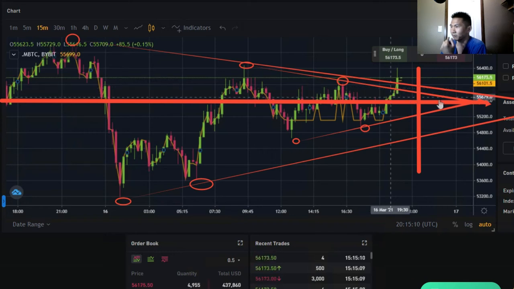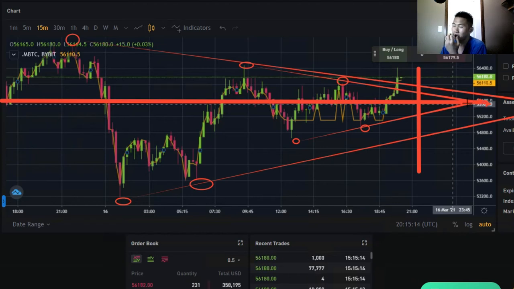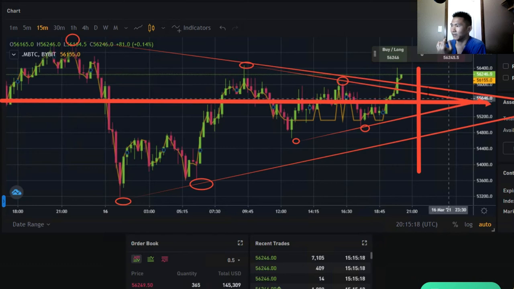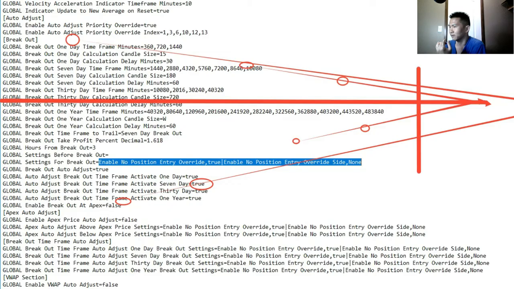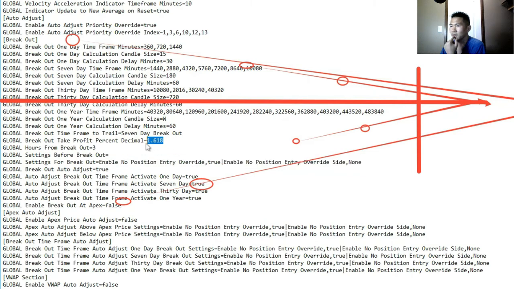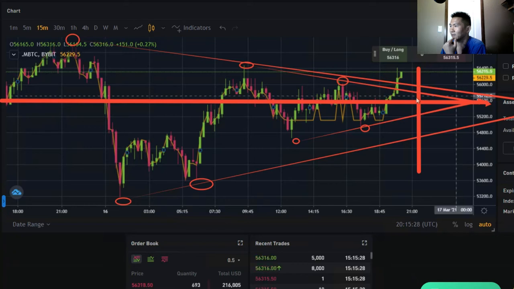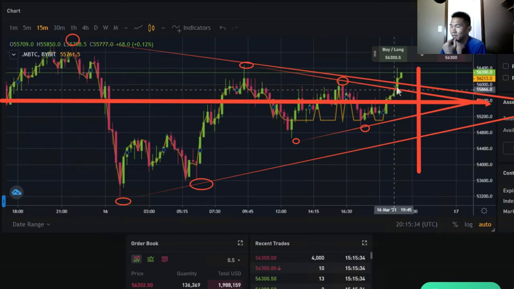So let's say we are supposed to break out over here at the apex, but it breaks out early. There's this tolerance, I believe, that if it's within 1.618% of that line, we're going to assume that this is where the take profit breakout point is going to be.